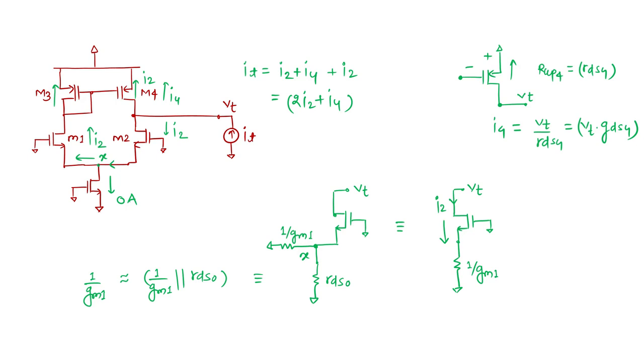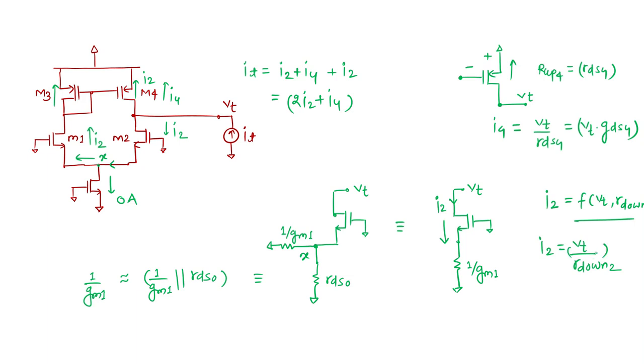For this structure, let me calculate the effective impedance looking down, and from that impedance we can directly say what my I2 is, because I2 will be a function of VT and R down, and I2 is nothing but VT by R down 2.